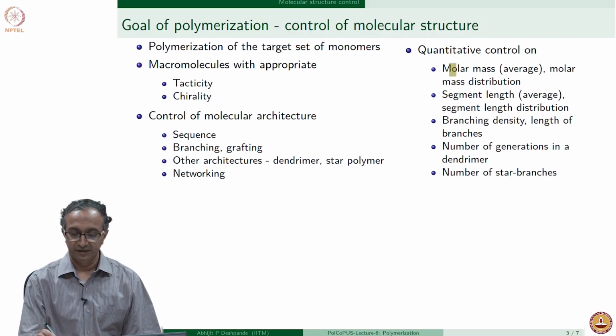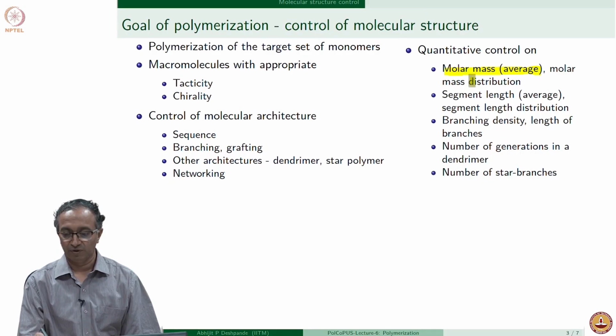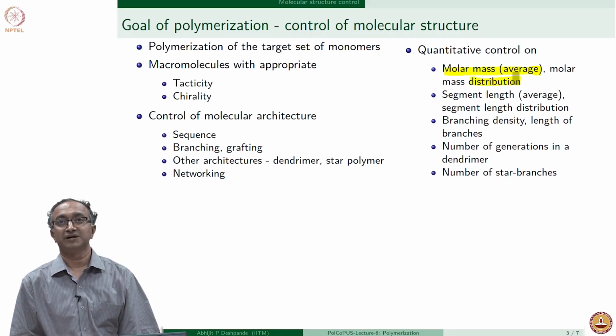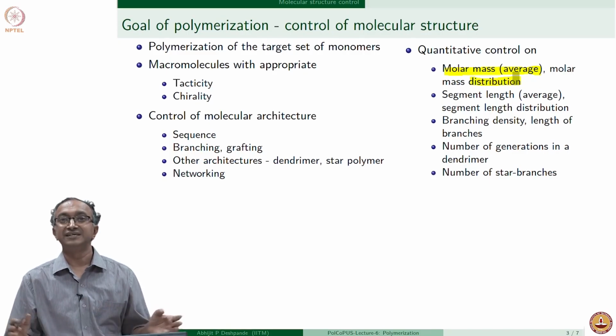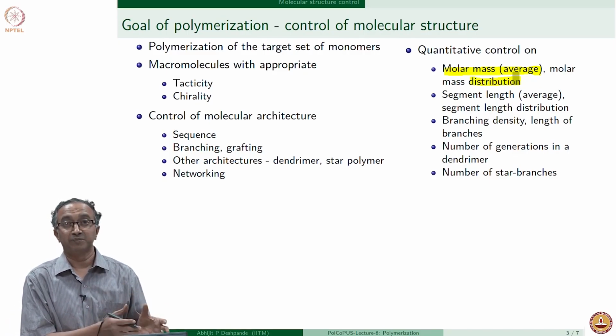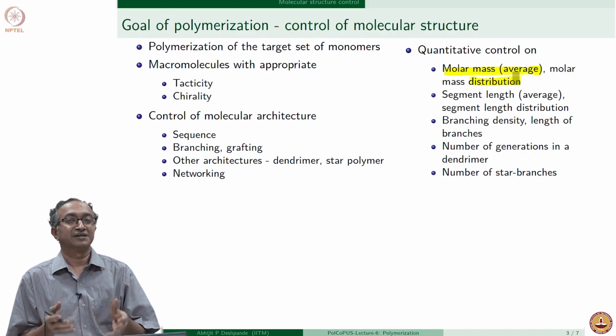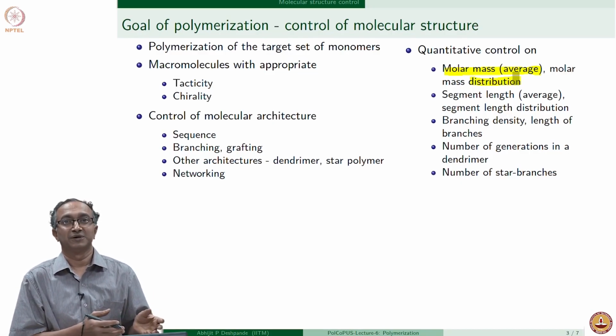For example, average molar masses, or more importantly, the distribution itself. And these days, the industrial polymerization processes actually run so that we get the target molar mass distribution. So the molar mass distribution in all its details, in terms of number of macromolecules with i repeating units, is not just a theoretical exercise to calculate average molar mass.